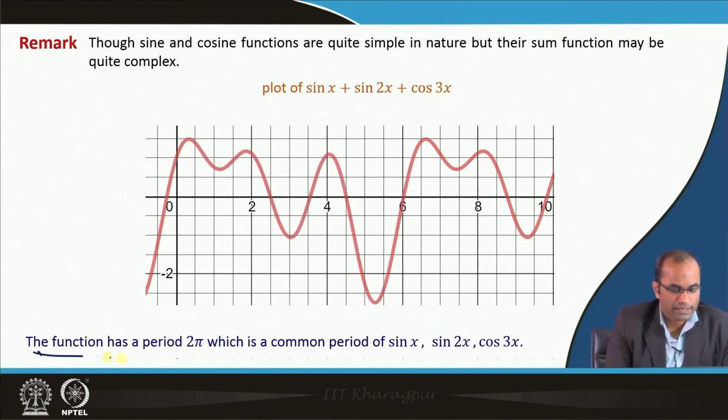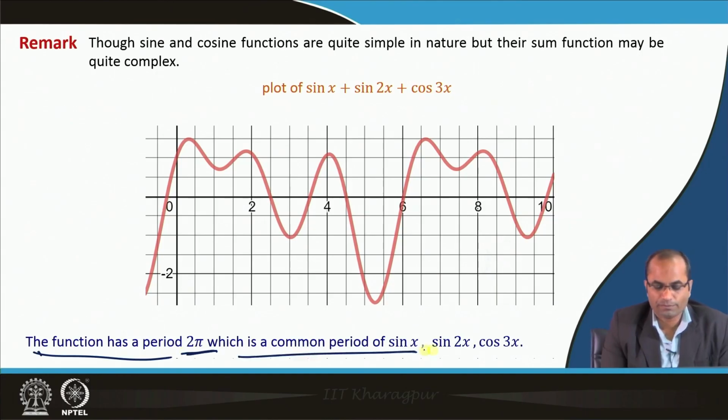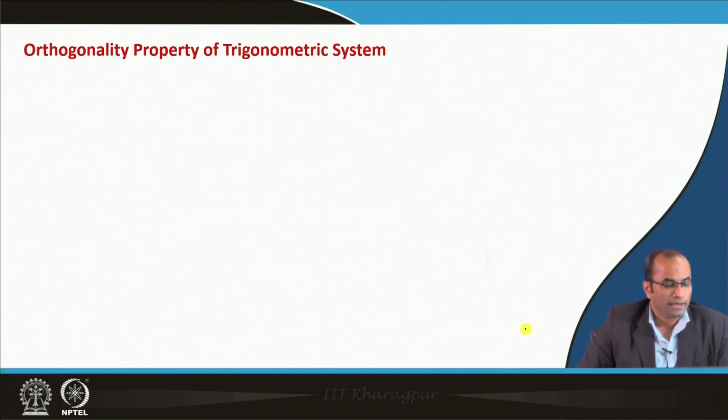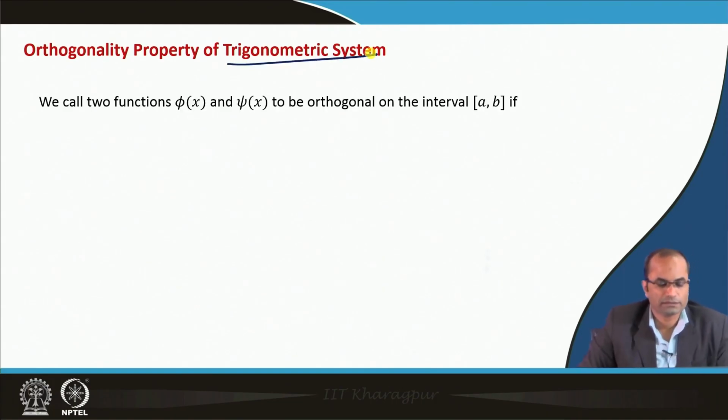Okay, so the function has period 2π, which is the common period of all these three functions, as I have already discussed. A very interesting property we will now look into is for trigonometric systems. What is a trigonometric system? We are calling sin x, cos x, sin 2x, cos 3x and so on a system with cosine and sine functions, and that is called a trigonometric system.